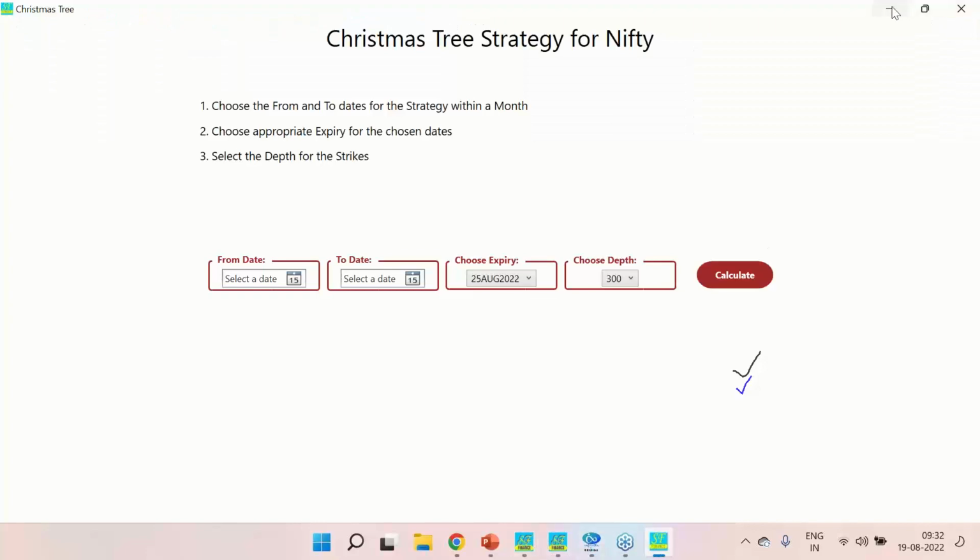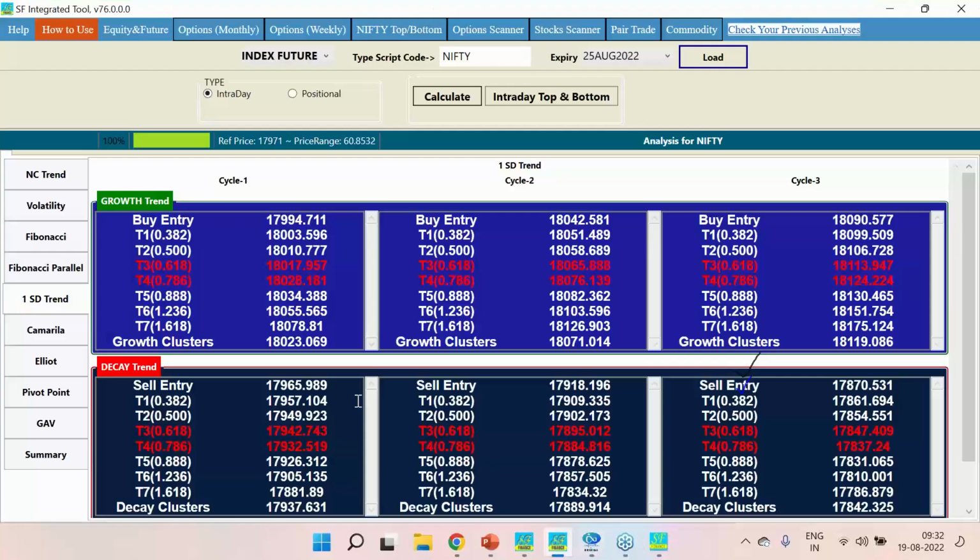Now it is suggesting us to buy the Nifty future at 17,994.71. So make it 17,995.